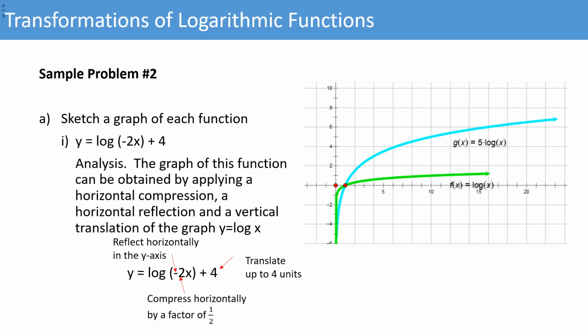Next one, log of negative 2x plus 4. The negative 2 reflects horizontally in the y-axis, and the plus 4 translates up 4 units.